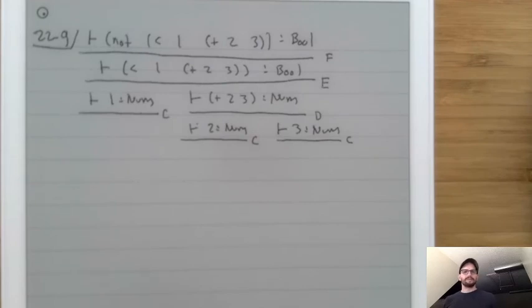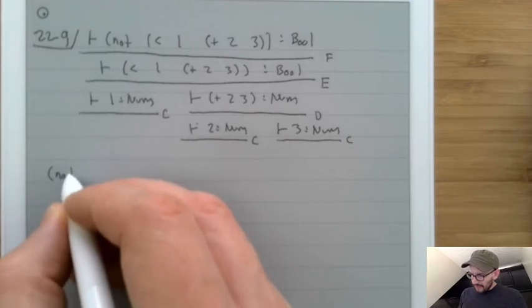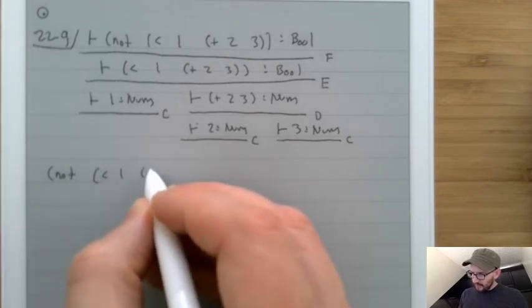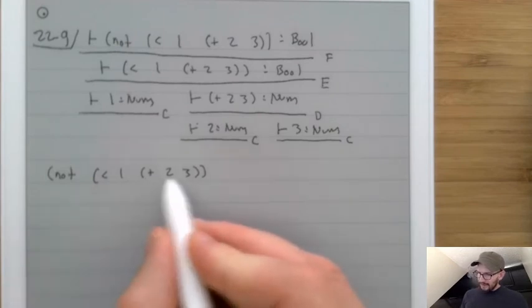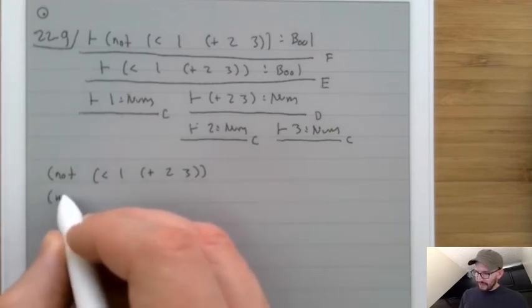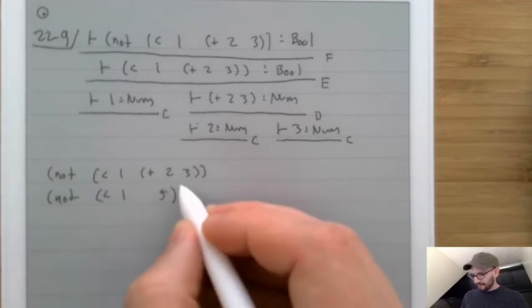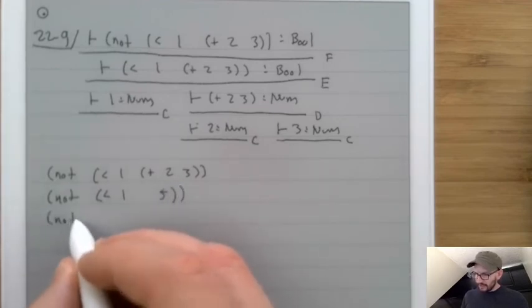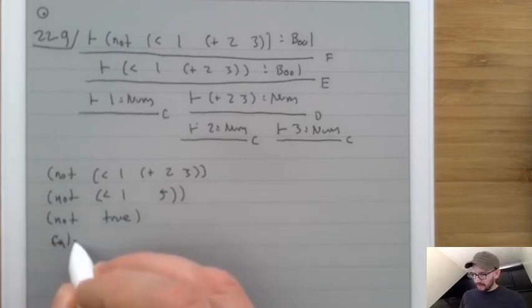Now let's see if that's actually right. Well, we'll have not less than 1 plus 2, 3. Okay. Well, the first thing that's going to happen is that this is going to reduce to 5, so we're going to get not less than 1, 5. Then we're going to get not true. Then we're going to get false.